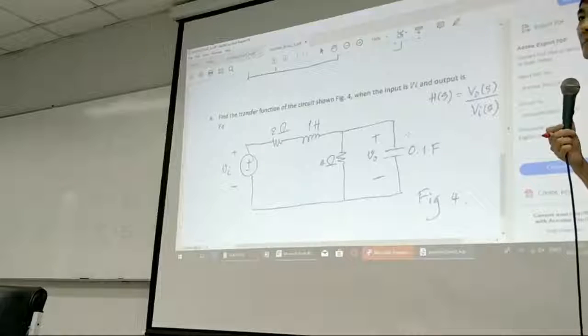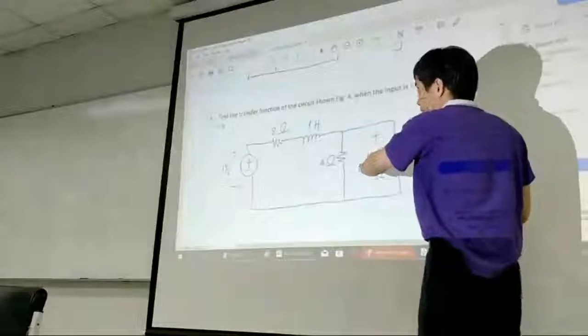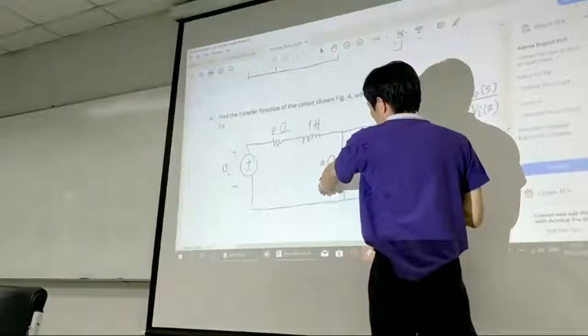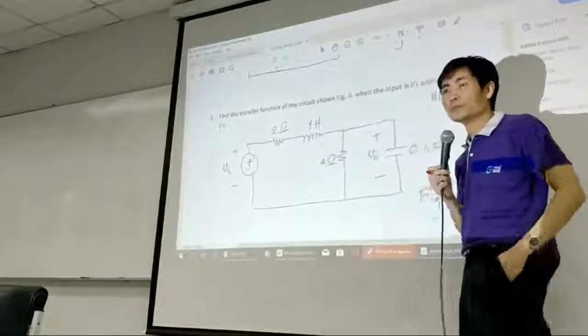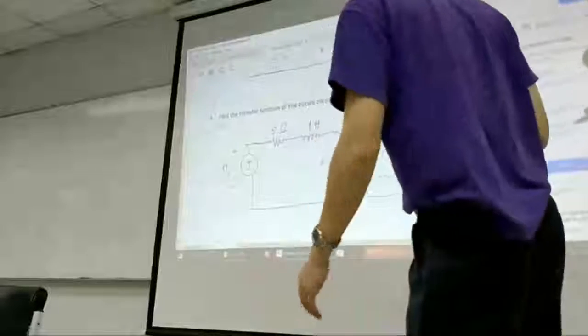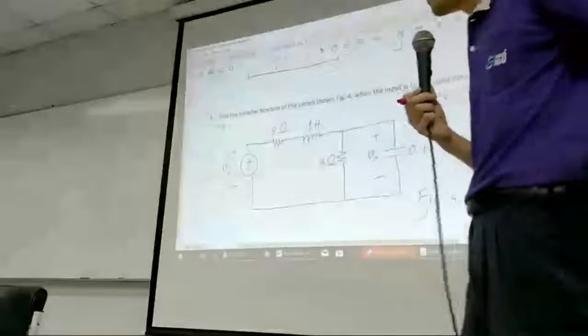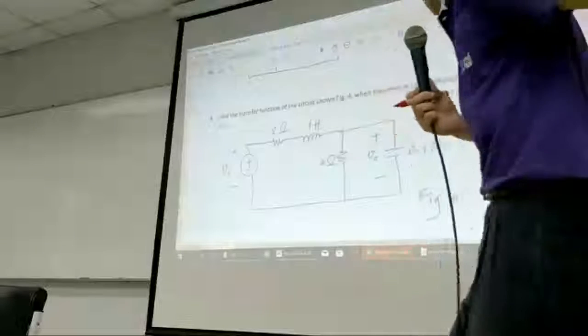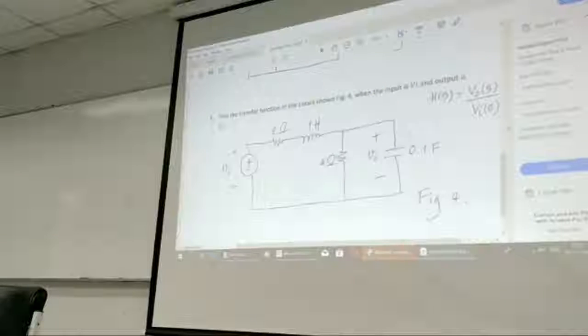You could try: why don't you find the transfer function when the output is the current that goes through the 4 ohms? If we have time, we come back and try that. Any questions? I think this is not too long.